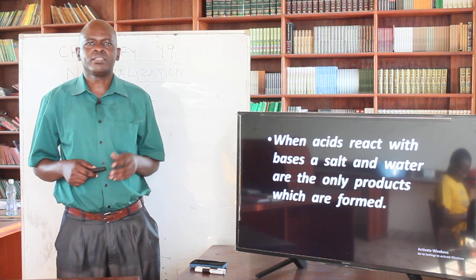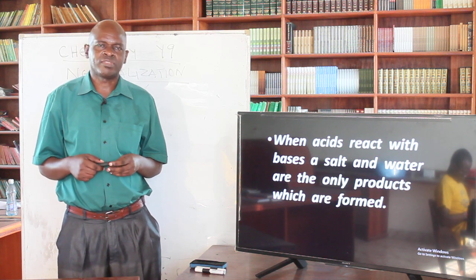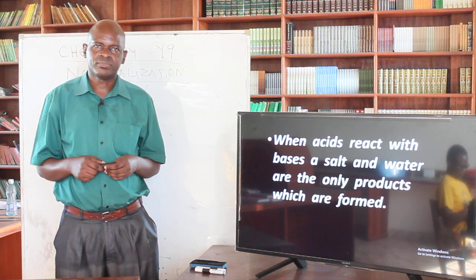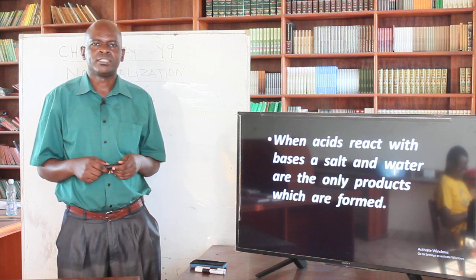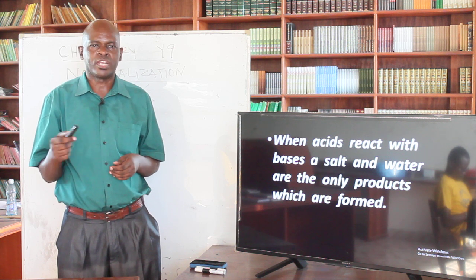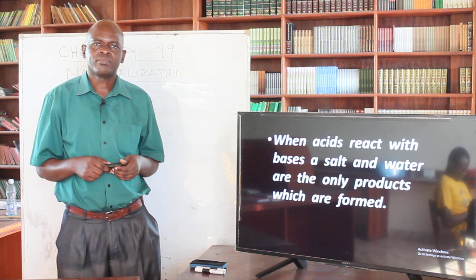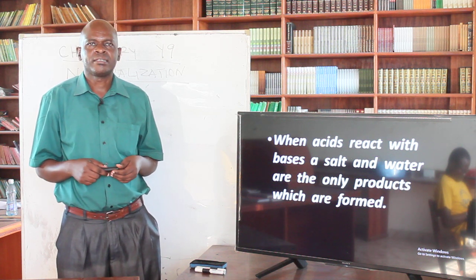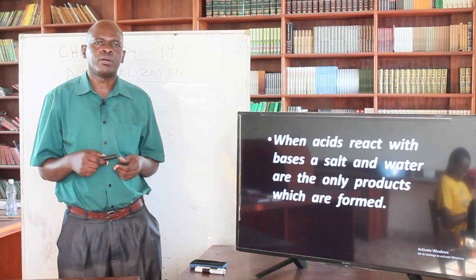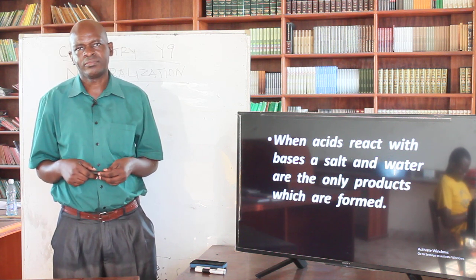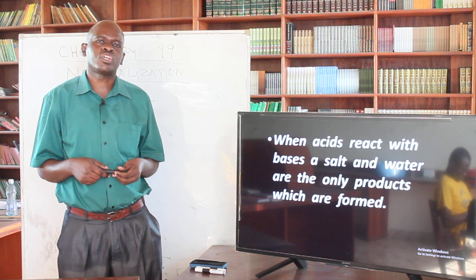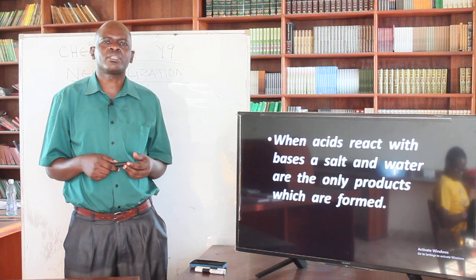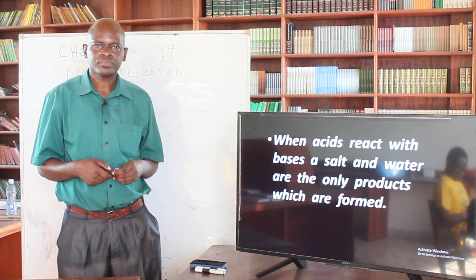Example, previously, when we react a metal oxide with an acid, it leads to formation of salt and water as the only products. For example, when you have zinc oxide added into dilute hydrochloric acid, then it will lead to formation of zinc chloride, which is the salt, and water. The resultant mixture will be a salt solution.